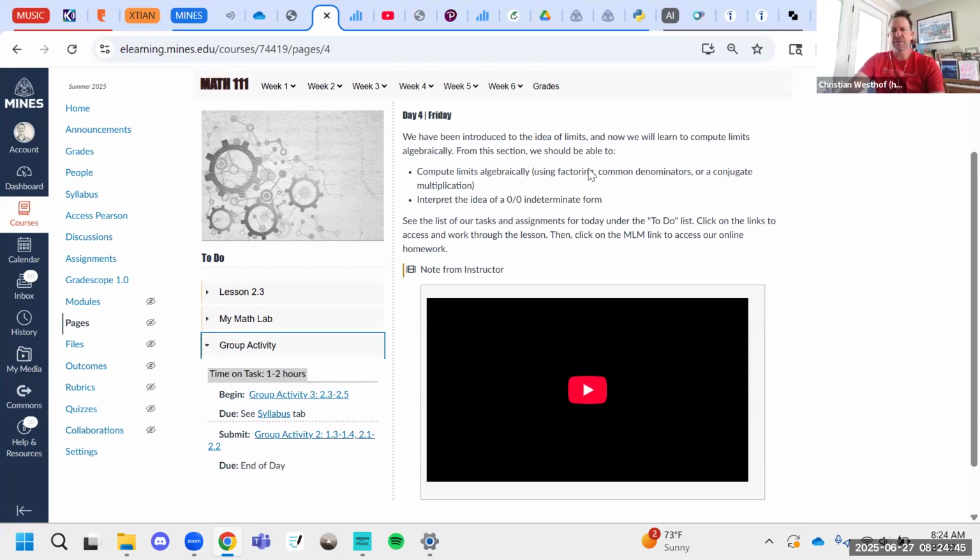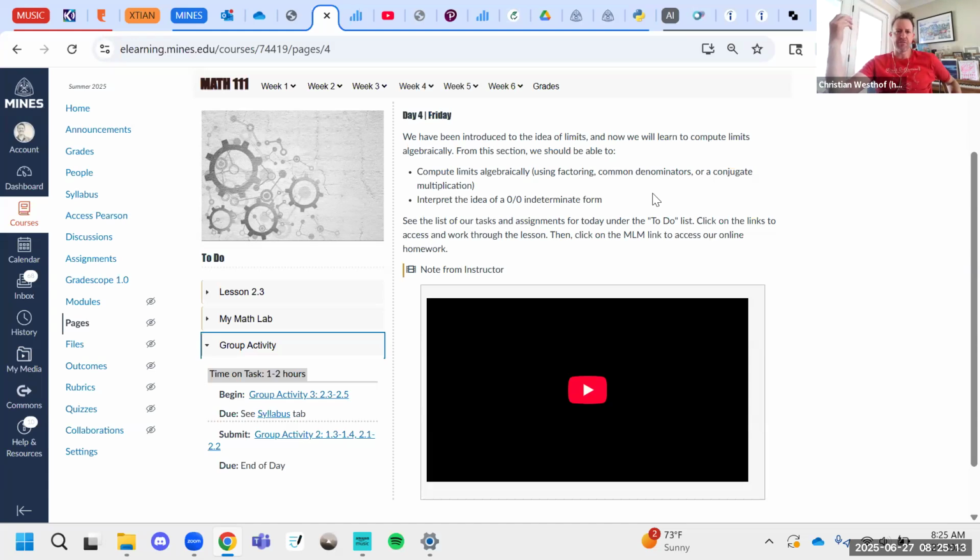The topic for today, this limit idea, you're calculating limits algebraically, and for the first time seeing how to algebraically handle limits of an indeterminate form. There are a handful of indeterminate forms, but this particular form is 0/0, and that's saying the numerator is limiting out to 0, and so is the denominator.